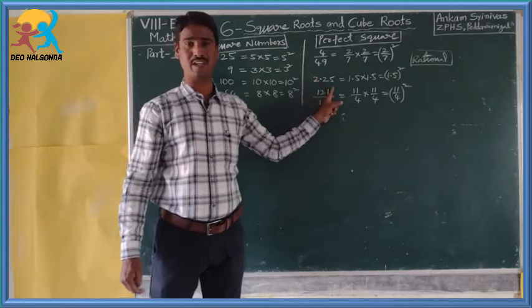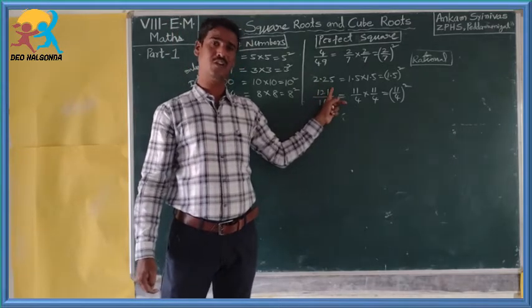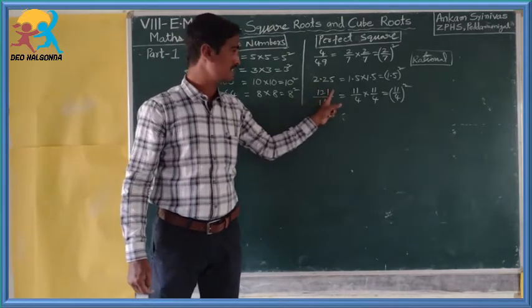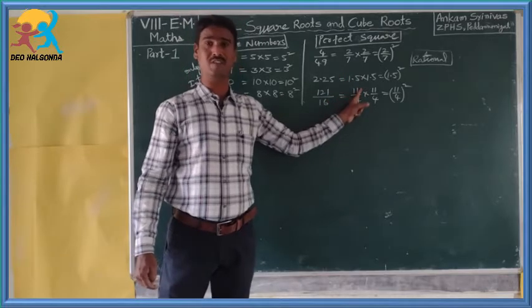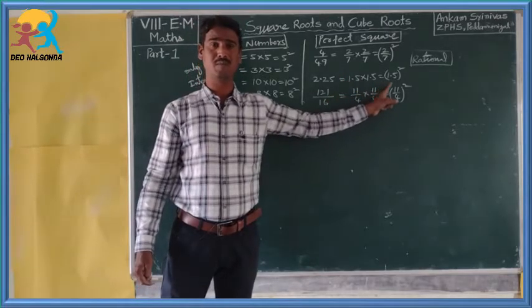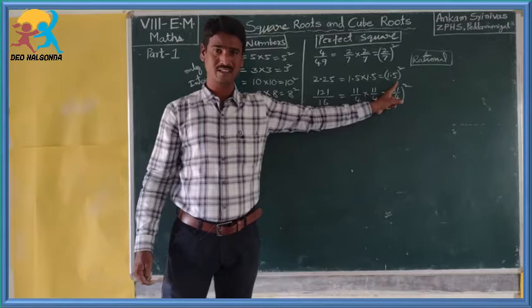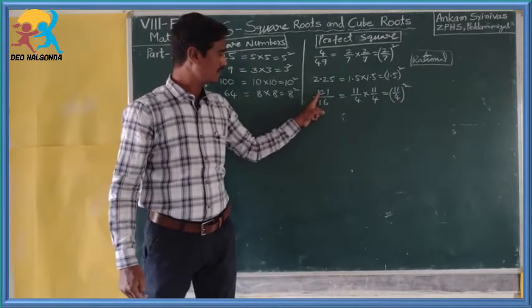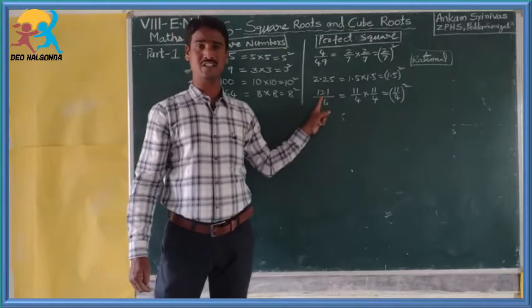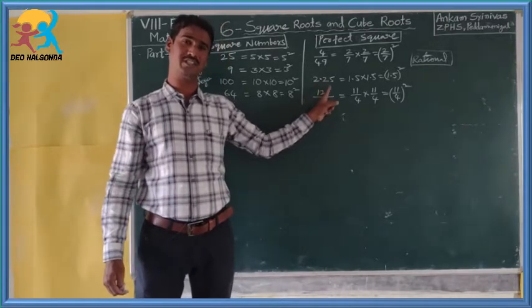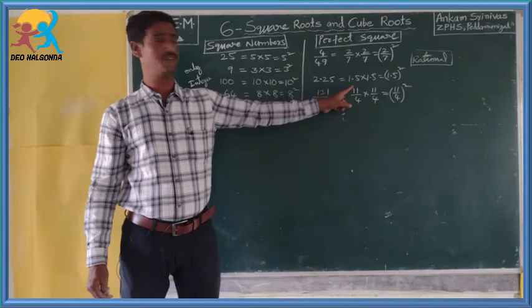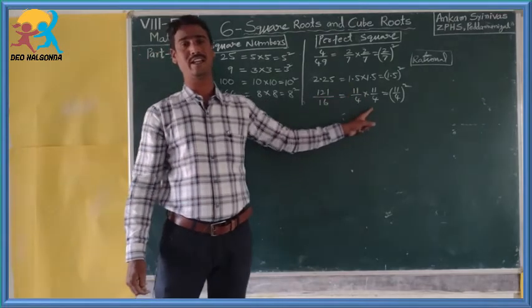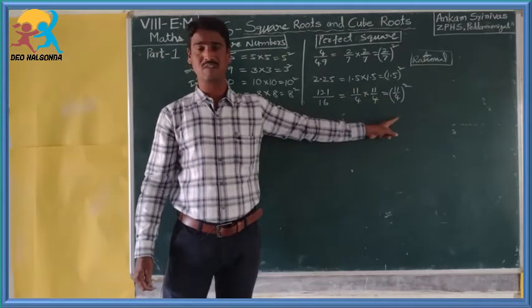Here 2.25 is a rational number. 2.25 is written as 1.5 into 1.5, 1.5 whole square. Yes or no? Now another rational number, 121 by 16, is written as 11 by 4 into 11 by 4, equal to 11 by 4 whole square.